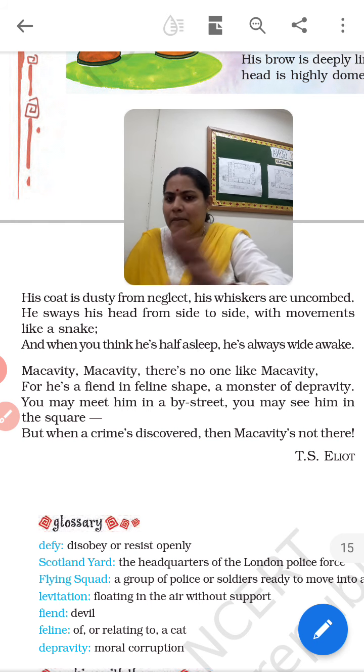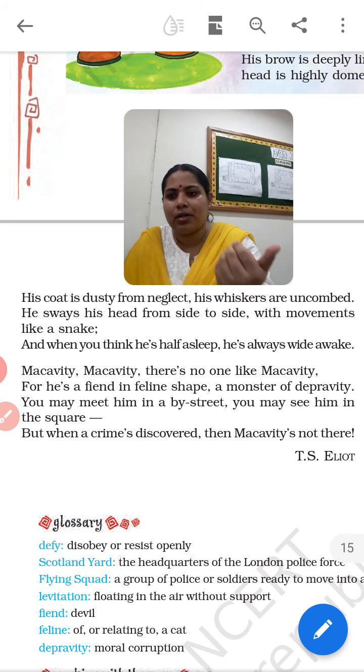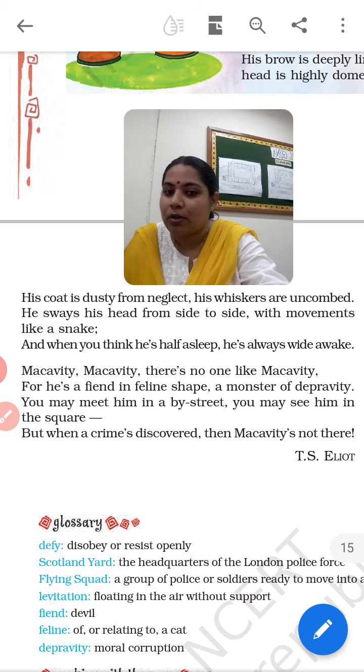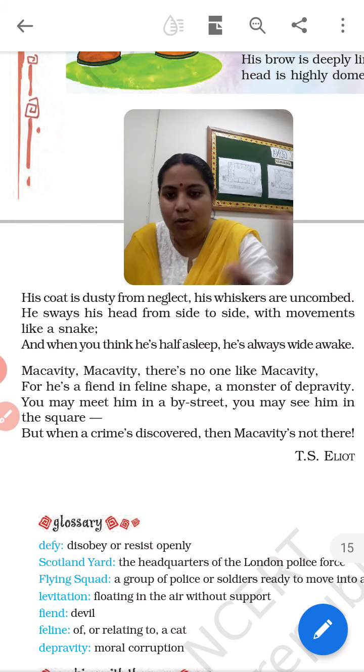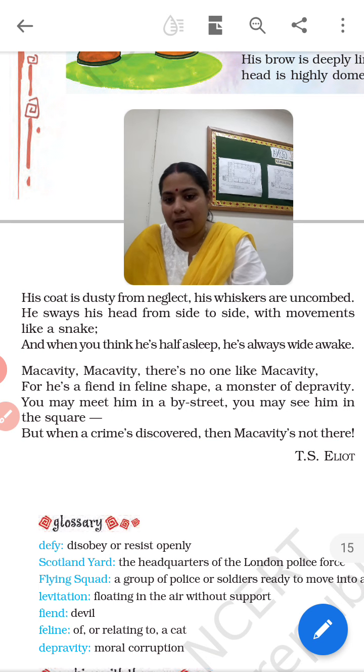You can see Macavity anywhere on such places like in a by street, or you can see him in the square, that is like in a shopping mall or in a big shop. You can see him anywhere. But after his crime is discovered, he vanishes away and cannot be found. That is, after he has committed the crime, you go and search for him and you will not find Macavity anywhere.